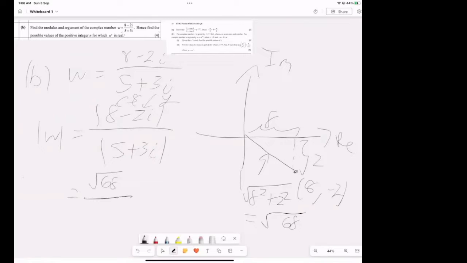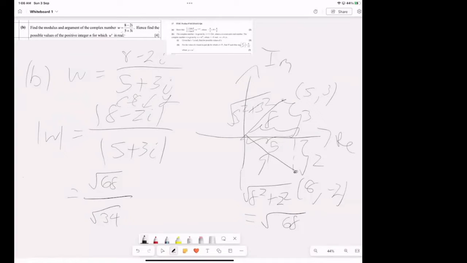Now we want 5 plus 3i. Same thing again: 5, 3. Here's 3, here is 5, and then this is the square root of 5 squared plus 3 squared. So 5 squared plus 3 squared is 25 plus 9, which is 34, I think. Let me check my calculator.